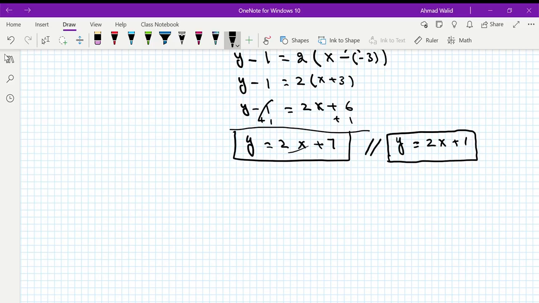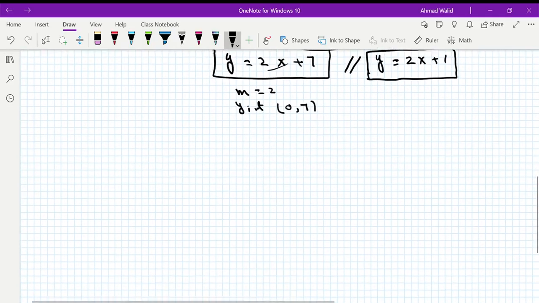If you say no, please graph both lines, and you will see that these two lines are parallel to each other. Let me graph it for you. Let's start with this one. The slope of this line is 2, and the y-intercept of the line is 0 and 7. Correct? Let's draw it.